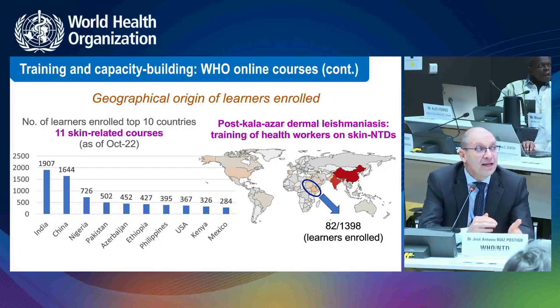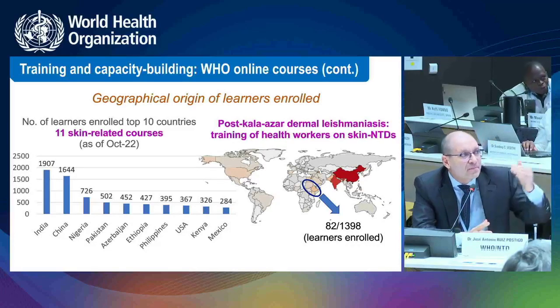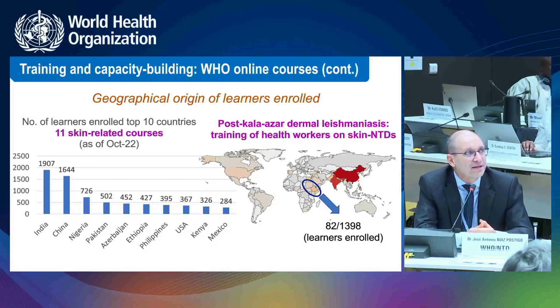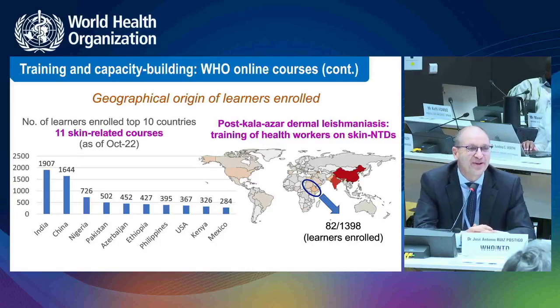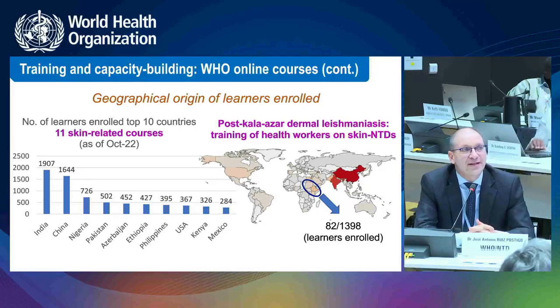Mainly India, China, Nigeria, Pakistan, but interestingly, countries that are not in the tropics, like Azerbaijan, are keen to use this channel. Also colleagues in the USA or Mexico that may not have a high burden.